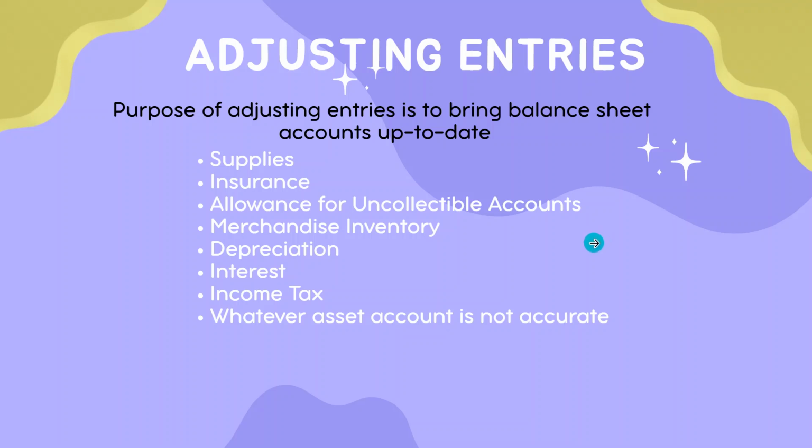So unless you make an adjustment for your income tax, what you have to pay on it for that period, then the amount of money you earned is not accurate, right? Any asset account that's not accurate, you need to make an adjustment for it so that you can analyze those financial statements better. If they're not accurate, what good is it going to do? You don't know what's going on.